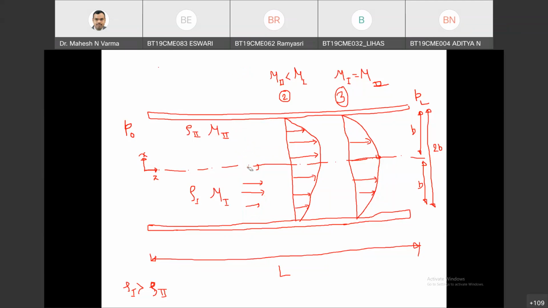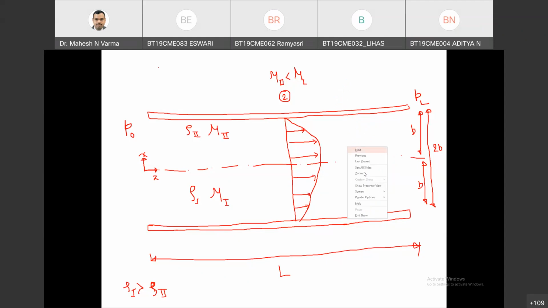This case will be for mu1 less than mu2, and case 3 for mu1 equals mu2, when both viscosities are the same, the problem is symmetric in the x direction and the maximum velocity will be at the center. So based on the viscosity values, you will get these three cases.